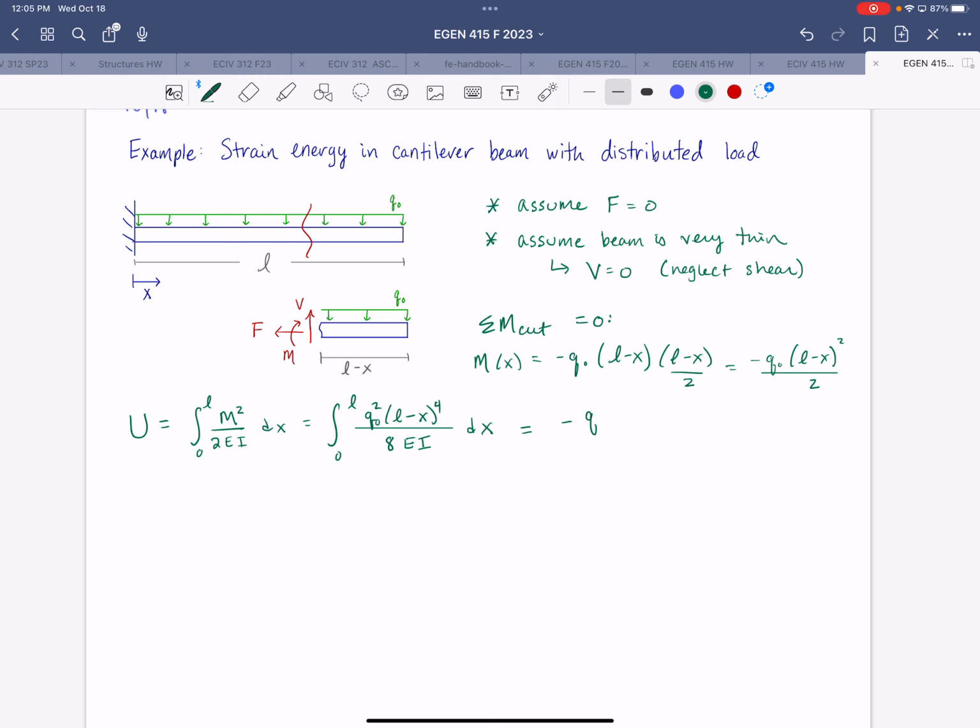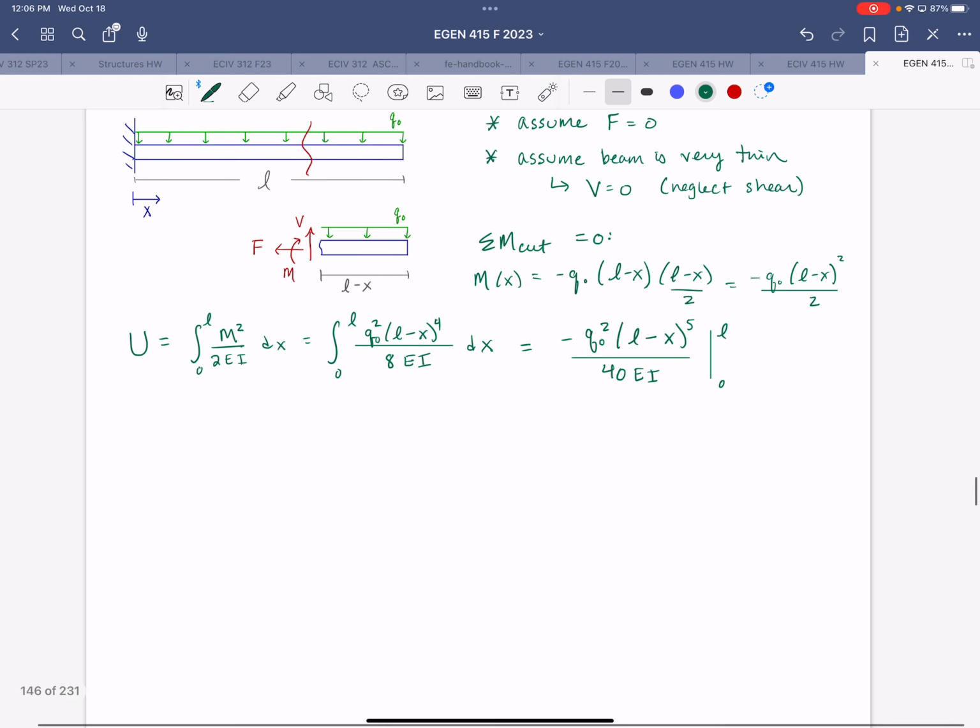So that's negative Q naught squared times the quantity L minus X to the 5th after evaluating the integral, divided by 40EI, and that will be from 0 to L. So U is going to be, I'll just skip evaluating this integral, the end result will be Q naught squared times L to the 5th over 40EI.